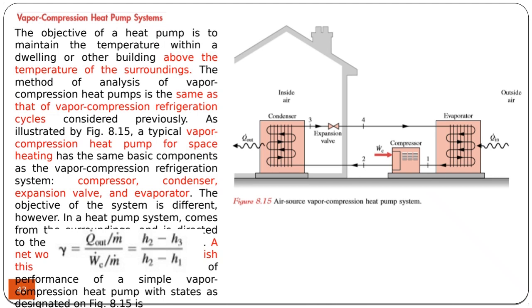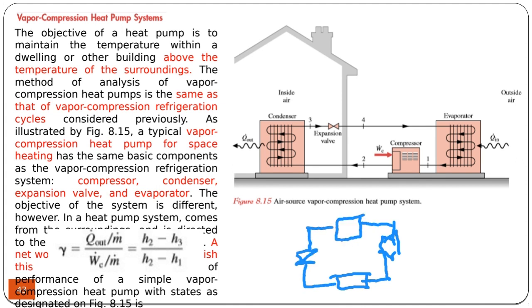Heat pump systems. What is a heat pump? Normally, in a refrigerator, we have an evaporator, then a compressor, then a condenser, then an expansion valve. In the evaporator, heat is absorbed. We have to provide work at the compressor.